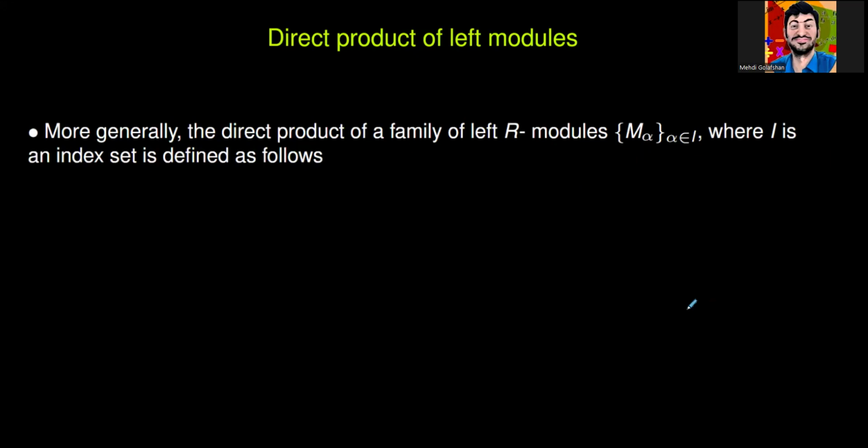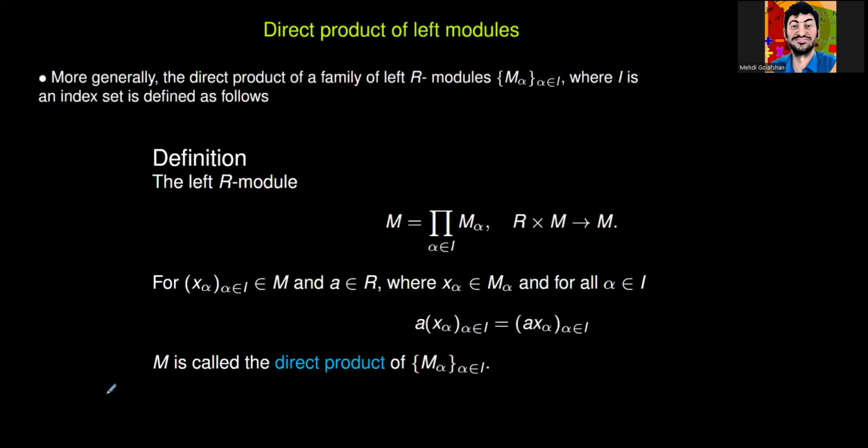The direct product of the family of R modules is defined as the left R module M, which is equal to the product of M_alpha. This is just a notation.